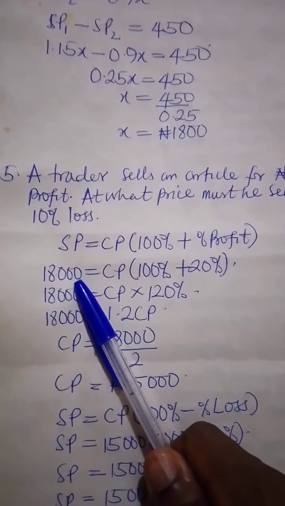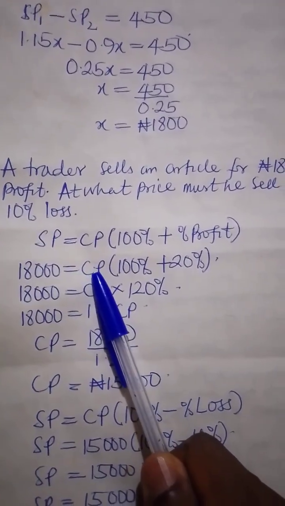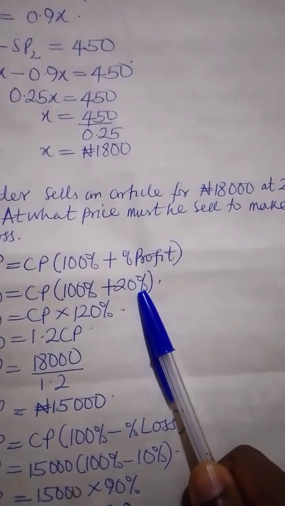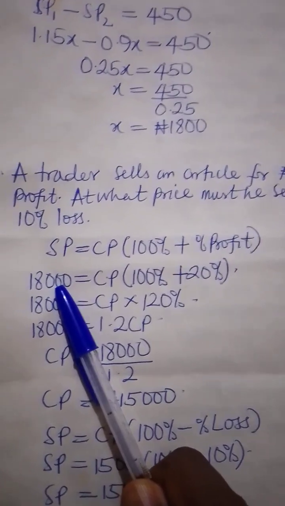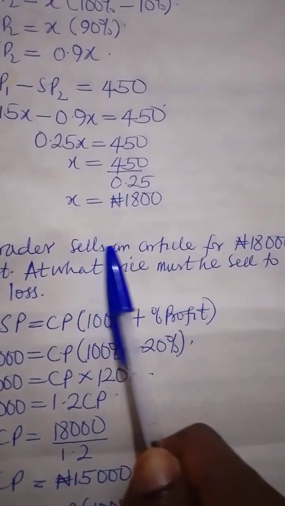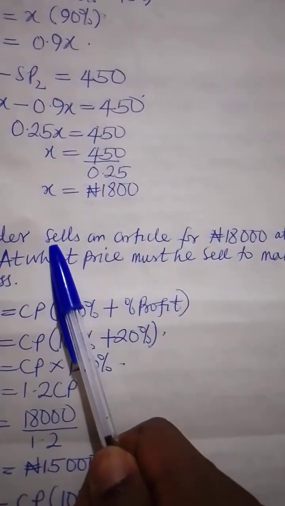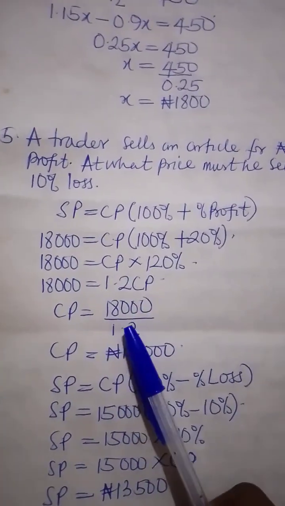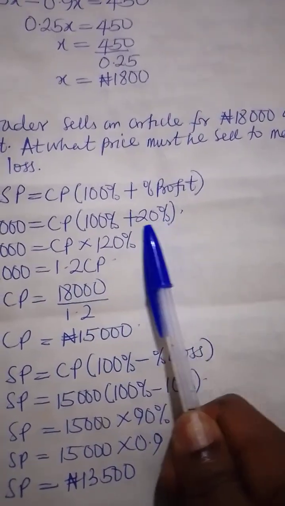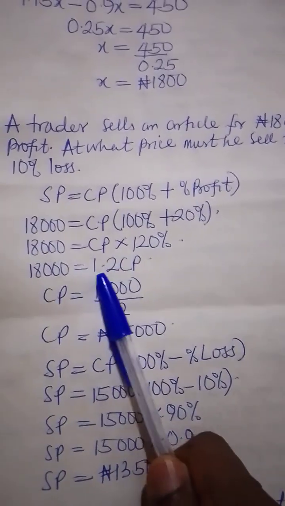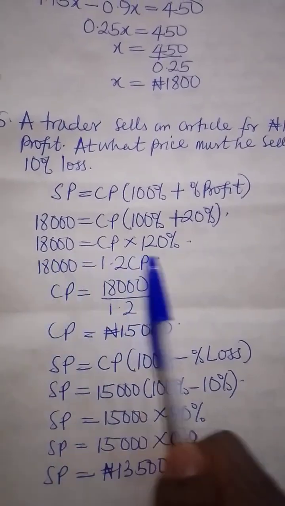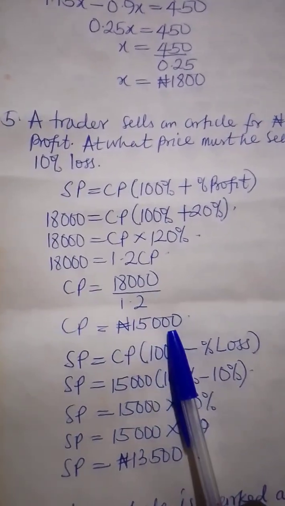So 18,000 is equal to CP 100% plus 20%. Don't forget 18,000 and 20% profit. So our selling price is 18,000. How do we know that? A trader sells an article for 18,000. So the selling price is 18,000. We're supposed to look for the cost price. So if we follow the same procedure, 100 plus 20 gives us 120, which is 1.2 CP. CP eventually, dividing both sides by 1.2, so your CP is 15,000.